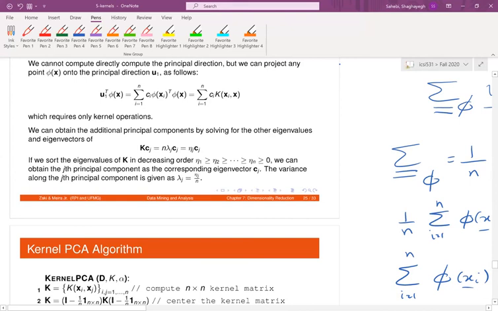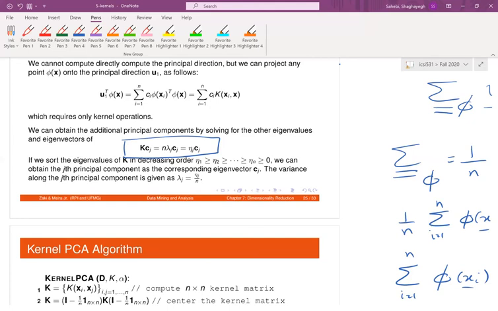You remember this formulation here that we said the ci's are going to be eigenvectors of the kernel matrix K, and then the lambda i's are equal to the eigenvalues divided by n.